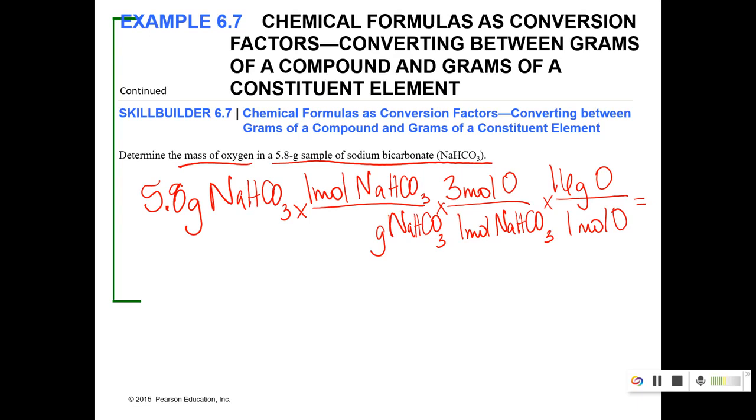It is a piece in this compound. So because it's not alone, it's not a diatomic molecule. It's just a single atom. Okay. So sodium's 22.99, hydrogen's 1.01, carbon is 12.01, and our oxygen is 48 total. So this leaves 84.01 grams.